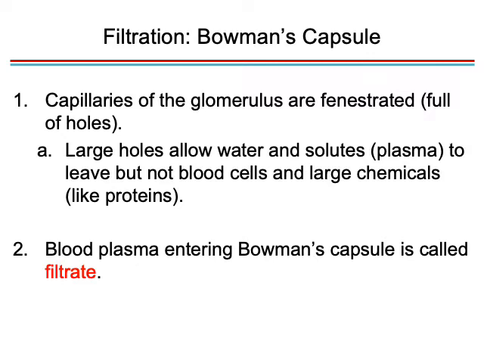Now, these holes are small enough that they prevent blood cells, even the smallest blood cell in your body, red blood cells, way too big for these small holes, and large proteins to exit the plasma when healthy.